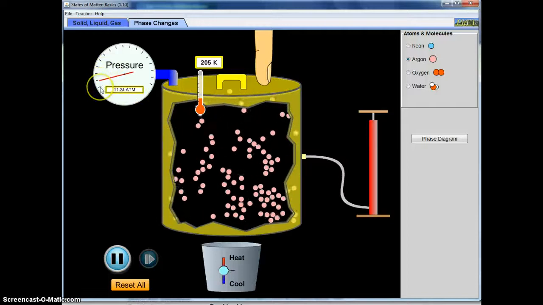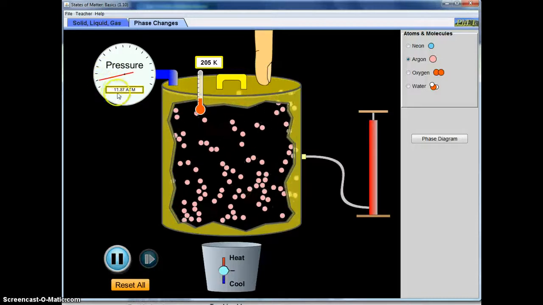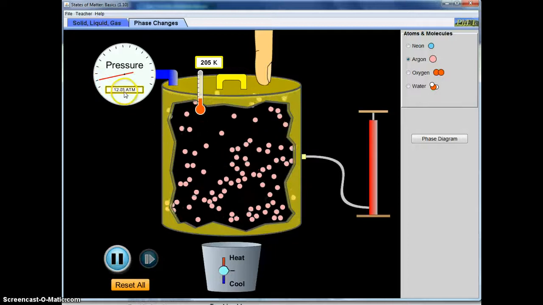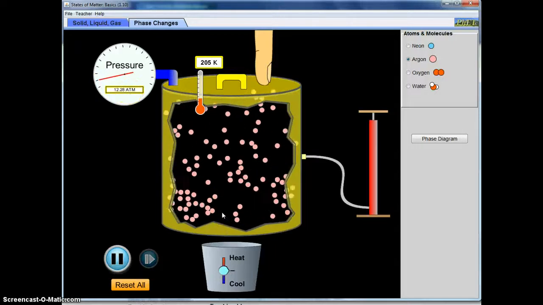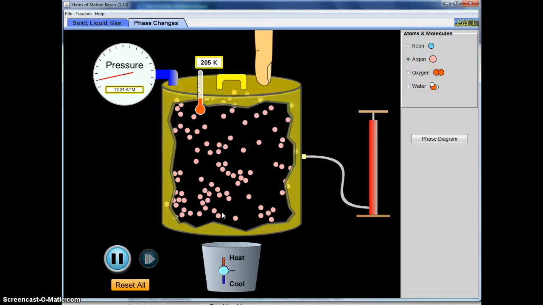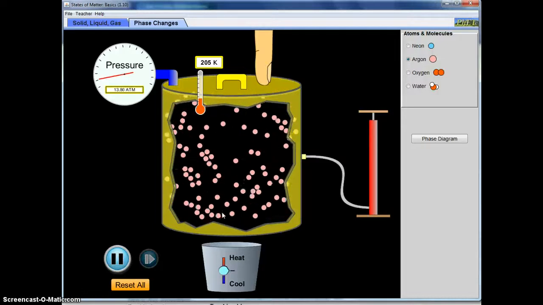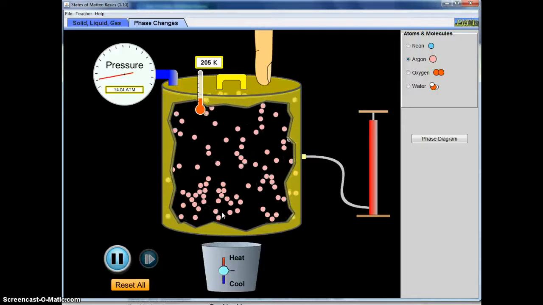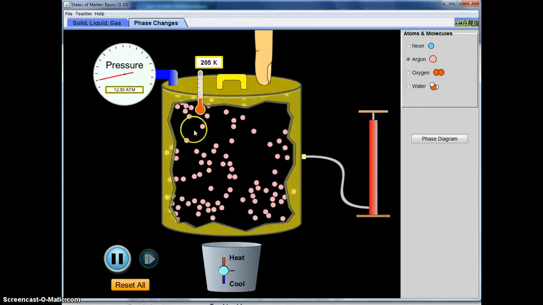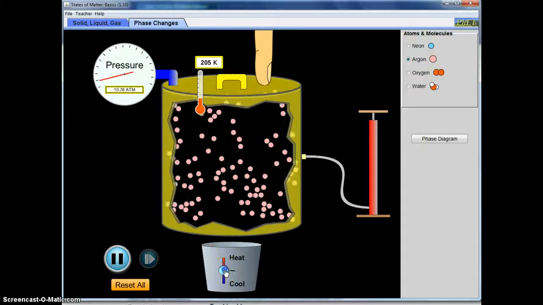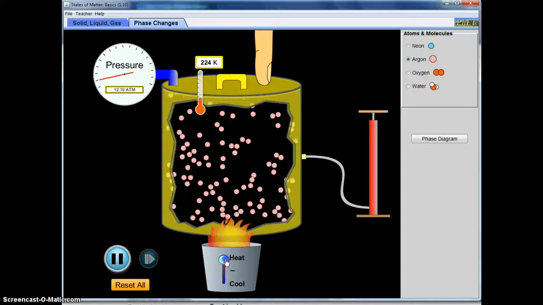It has climbed from 0 to 12 atmospheres. If I heat it again, I'm going to give these atoms more energy. They'll have more kinetic energy and move more rapidly, and because they move more rapidly, they're going to bang up against the sides of the container, and that will increase the pressure in that container.